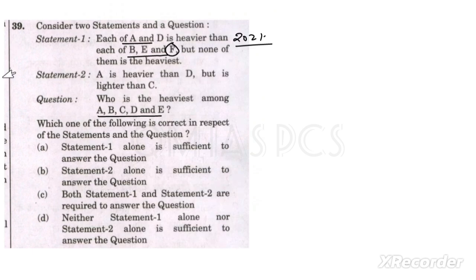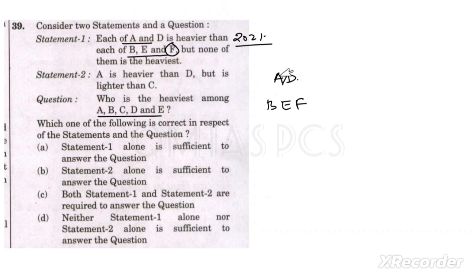It is given like each of A and D is heavier than each of B, E and F. Like we can say each of A and D is heavier than B, E, F. We don't know the order of B, E, F or A and D, that's why we have represented it like this. Okay, one more thing, none of them is heaviest, like all of them A, D, B, E, F, none of them is heaviest.